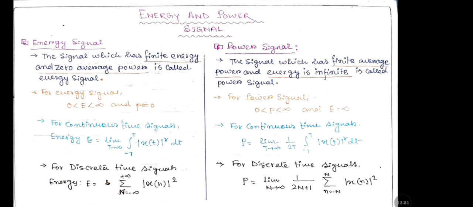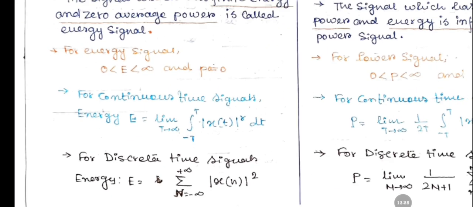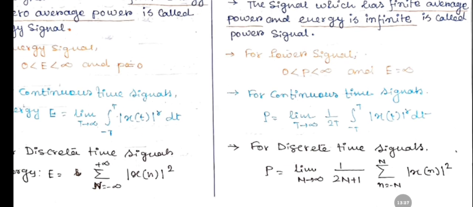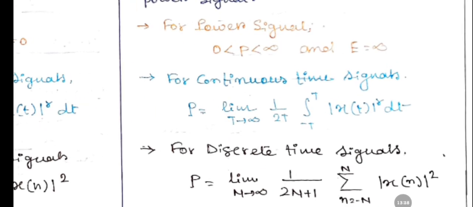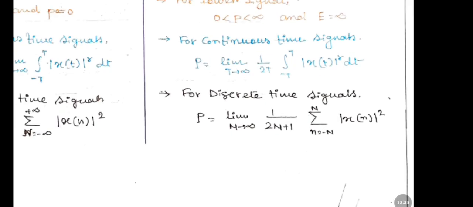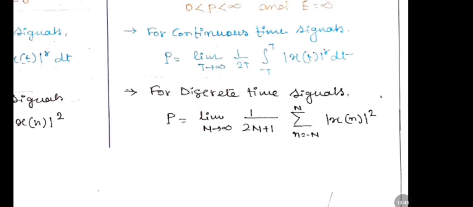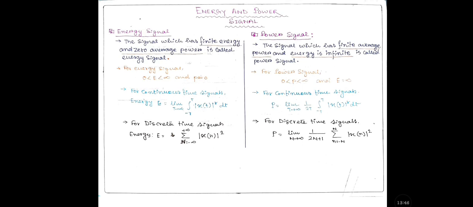So if we divide the energy equation by 2T, we get the power equation for power signals. For discrete-time signals, the power equation is the limit as N tends to infinity of 1/(2N+1) times the summation from -N to +N of the modulus of x[n] squared. This is about energy and power signals.